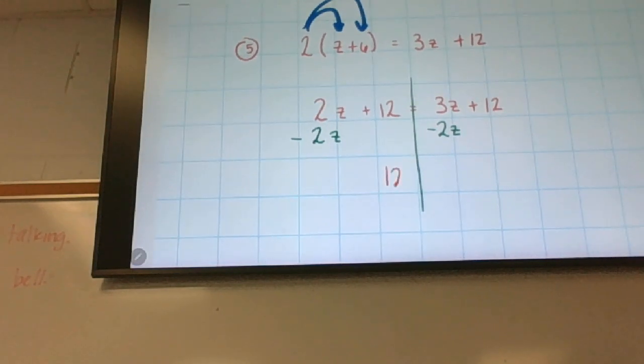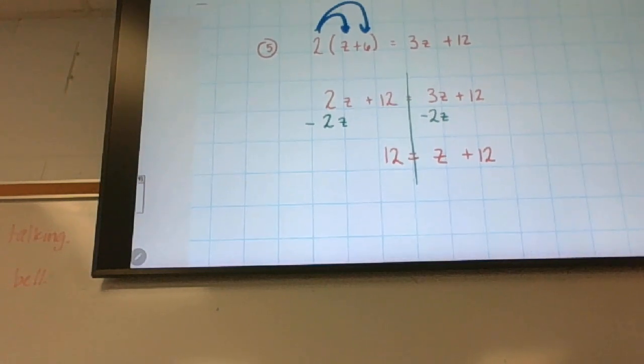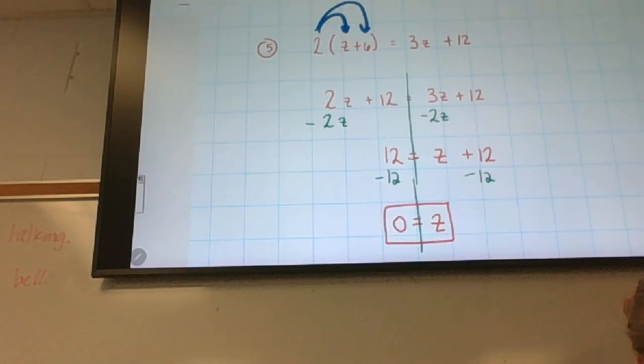I'll bring the 12 down. 3 minus 2 is 1. There's an invisible 1. Plus 12. Minus the 12 over. Sure enough, 12 minus 12 is 0. And that's our answer. A weird 0.